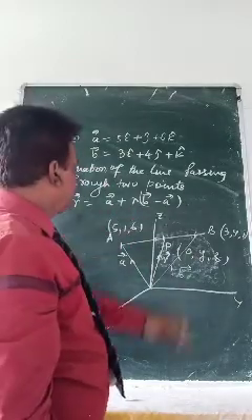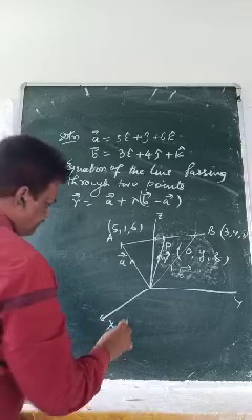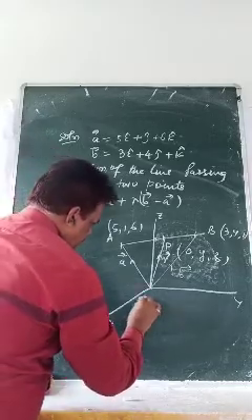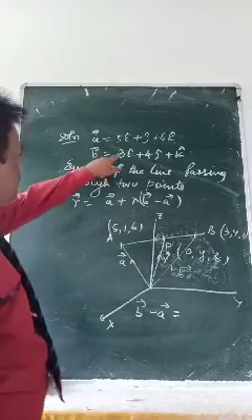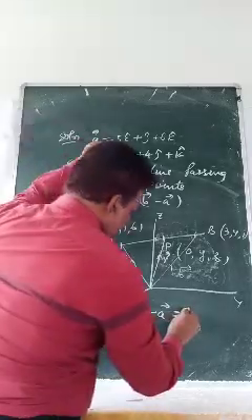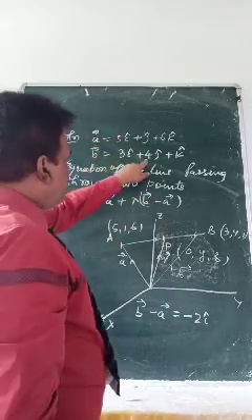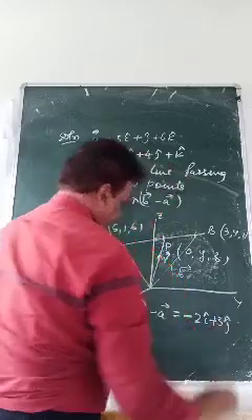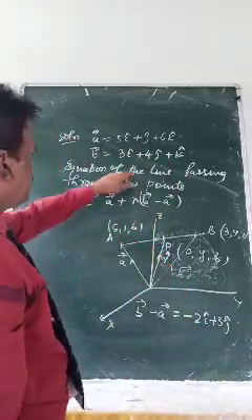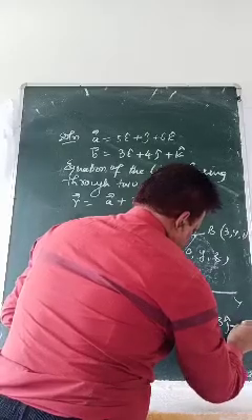So let's find what is B minus A. B minus A is (3 minus 5)i, that is -2i, (4 minus 1)j, that is 3j, and (1 minus 6)k, that is -5k.